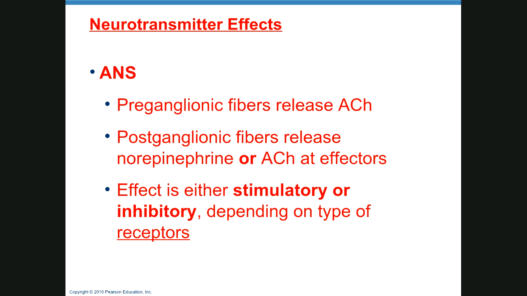The ANS uses a couple of different types of neurotransmitters. The preganglionic fibers release acetylcholine, and the effect of acetylcholine in this case will always be excitatory. The postganglionic neuron will be excited or activated by the acetylcholine released by the preganglionic neuron.